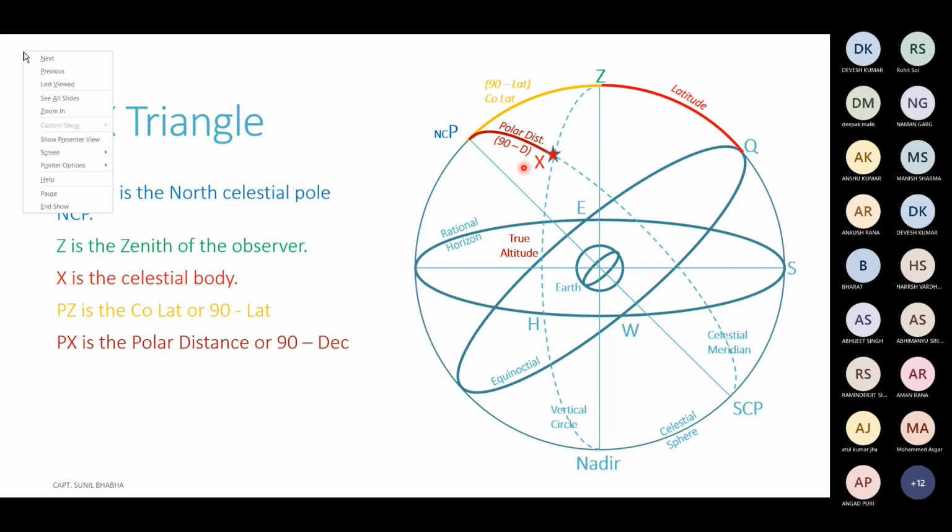Yes sir. Okay, great. Let's go. So this is the PX side of our PZX triangle. Two sides of the triangle are understood. Now let's move on to the third side.